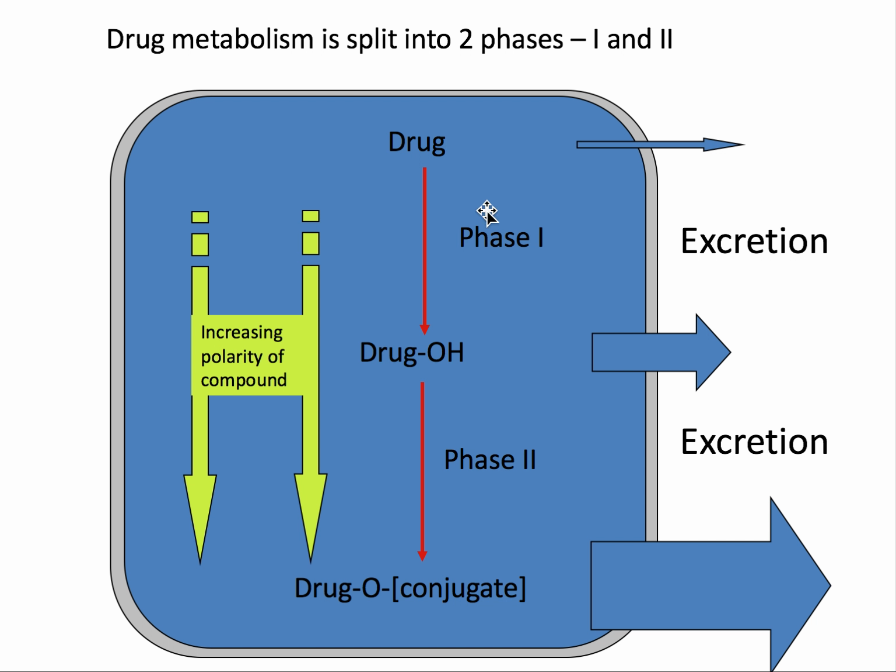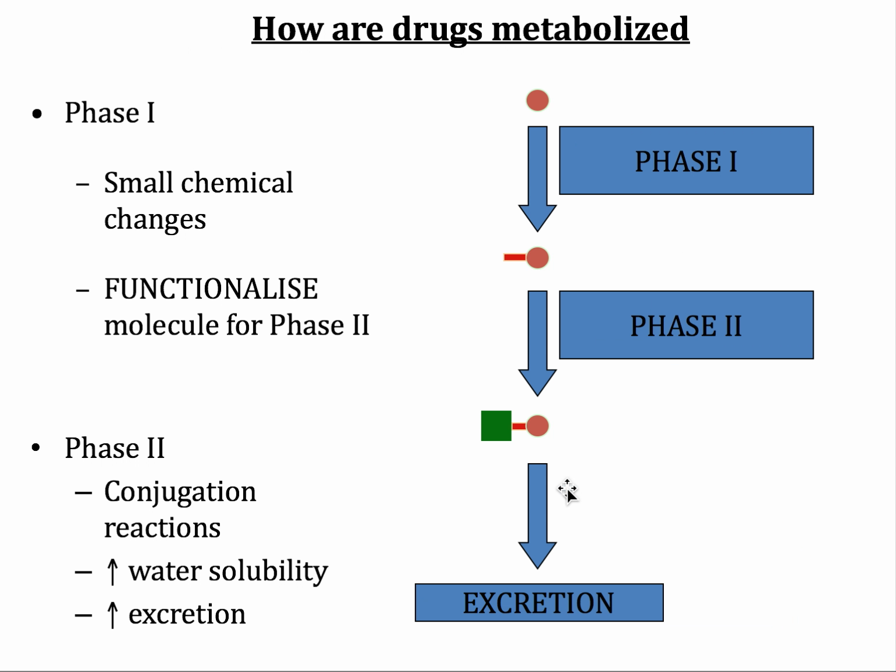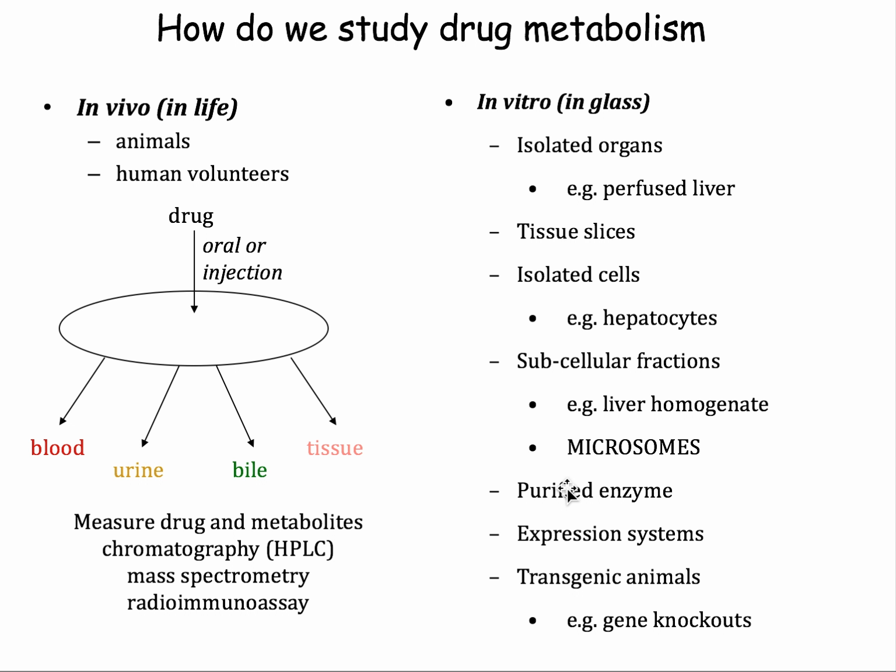There is a very low effect produced after phase 1. The excretion rate is not so high, but it is there. But phase 2 is what causes the excretion and the absorption to become very high.